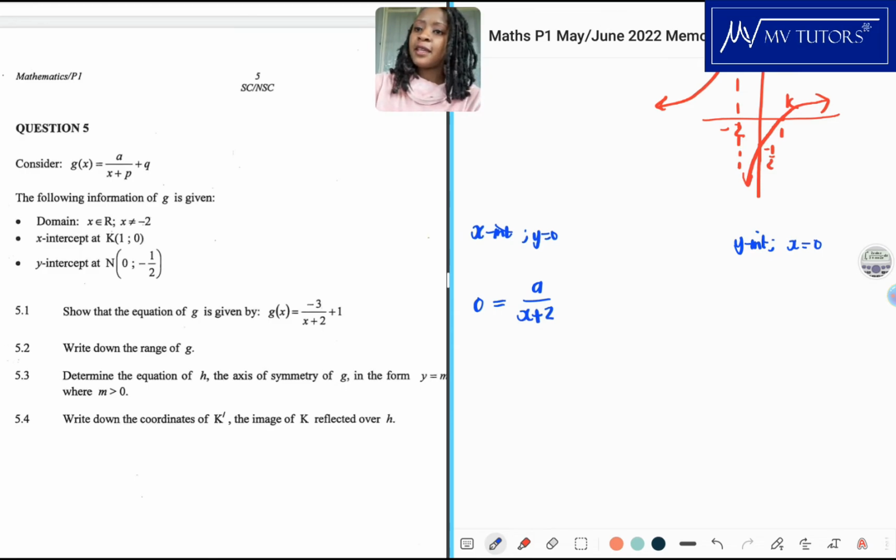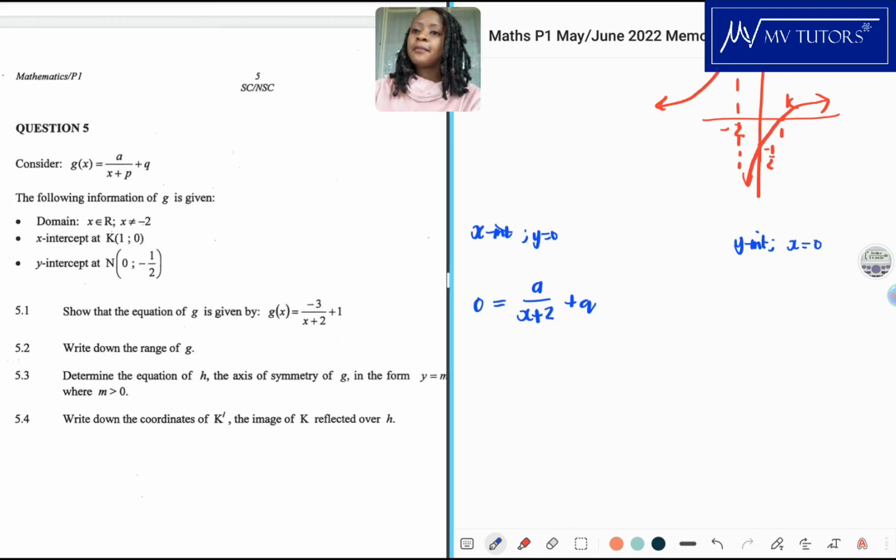And then plus q. I don't know about its vertical shift, but I know from the vertical asymptote that x is negative 2, hence if it shifts to the left, it has to be plus. All right, so I have that.